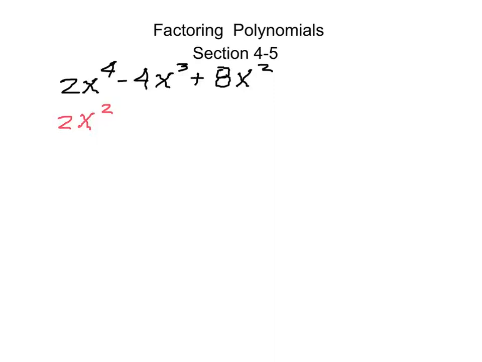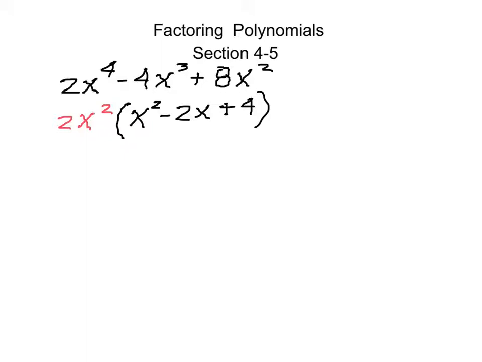So I take 2x squared out, and what's left is going to be x squared minus 2x plus 4. All right? And so here is a case where we have factored out the GCF.